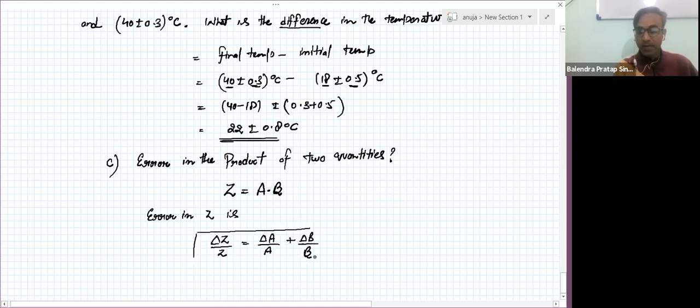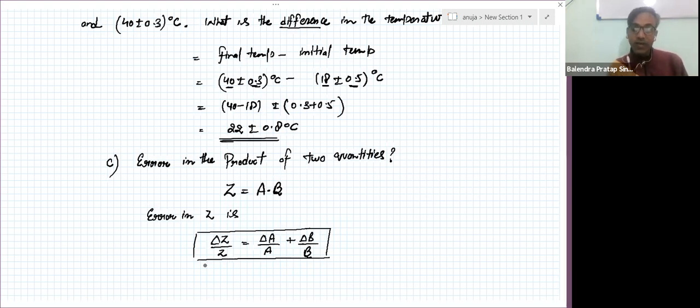Write it down. We will use this formula in the numericals.